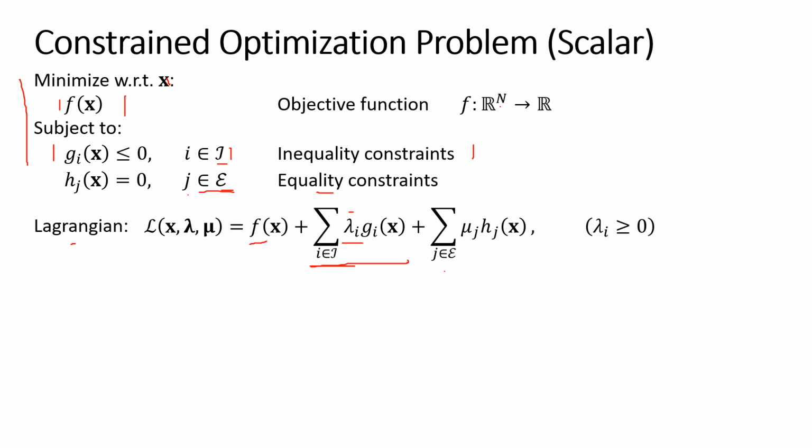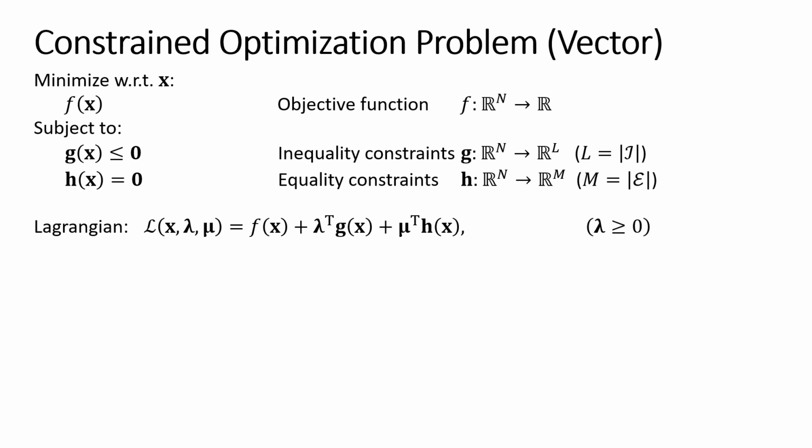And the third term is summation j mu_j h_j of x. Mu_j's are again Lagrange multipliers, but they correspond to the equality constraints. The Lagrange multipliers lambda_i's that are for the inequality constraints must be greater than or equal to 0. There is no such constraint for the mu_j's.